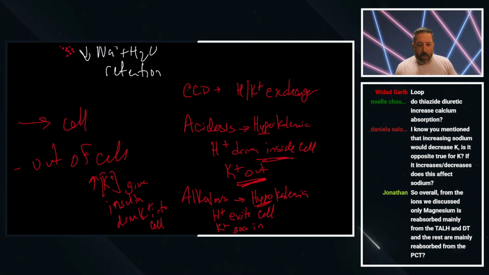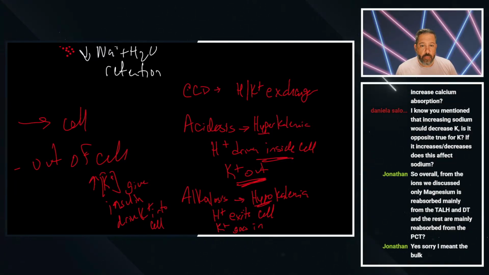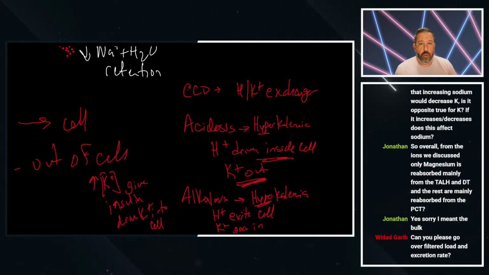It depends on which ion you're talking about. And calcium is mainly thick ascending limb and distal tubule as well. Calcium we'll deal with a lot more tomorrow when we deal with endo.